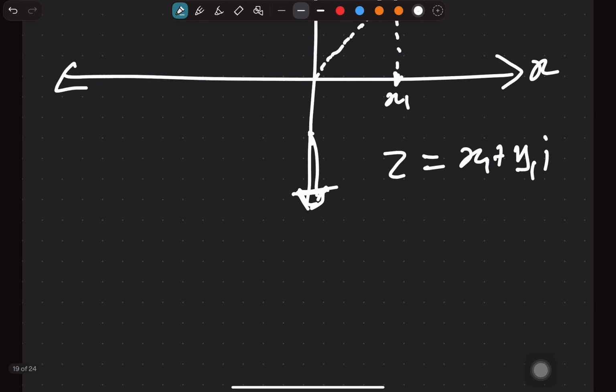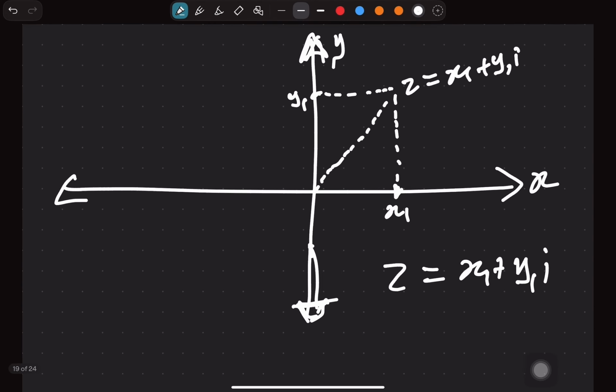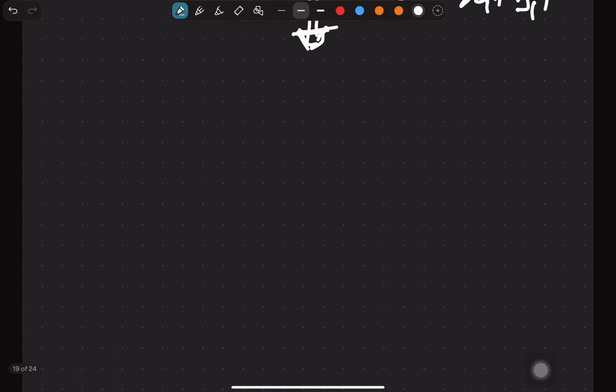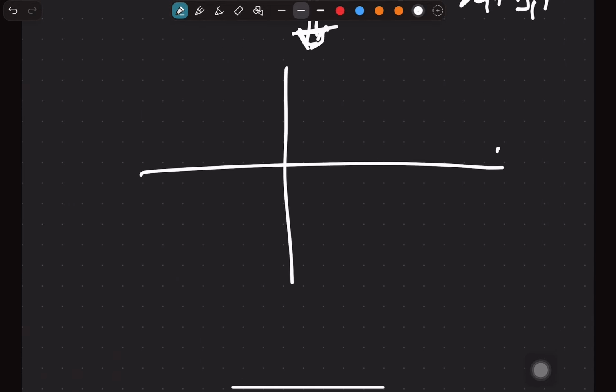And the addition of complex numbers can also be visualized on this complex plane, where two complex numbers are drawn on this complex plane, and their resultant, which is the addition of them, can also be visualized on this complex plane. So let's say, for example, we have two complex numbers z1 and z2 that are to be added.